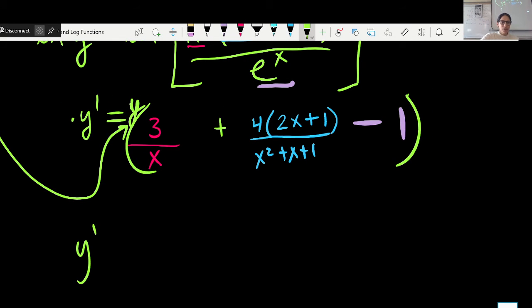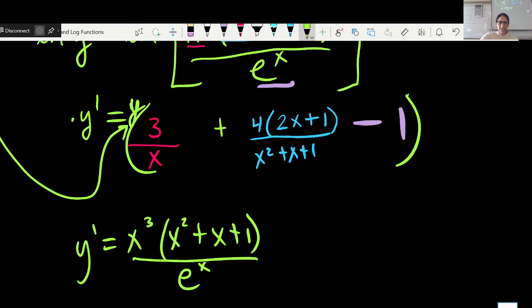So we have y prime equals x cubed times x squared plus x plus 1 all over e to the x times, Malcolm? At the bottom?